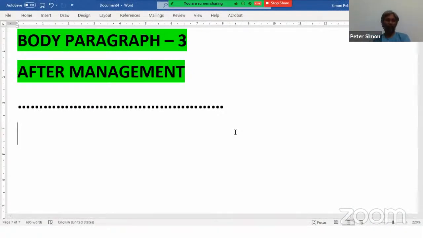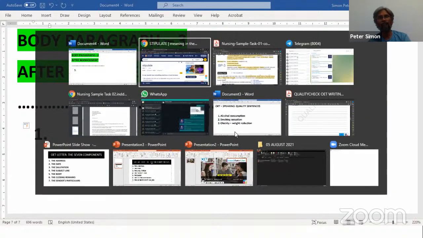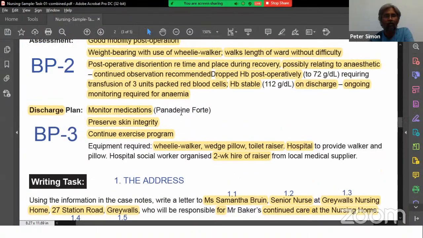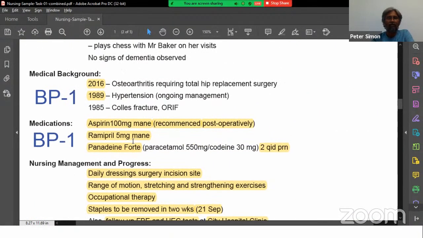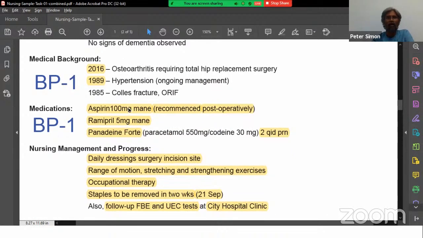Number one. What is number one? These are the medications. And this one is post-operatively. See here.